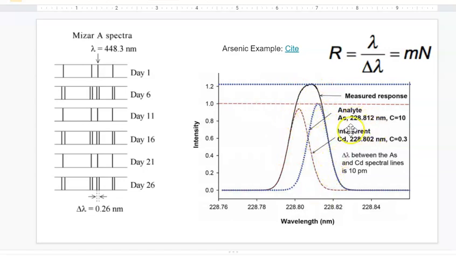Because look at these numbers: 228 nanometers, 0.812, 228 nanometers, 0.809. They're almost the same wavelength. So it's very hard to have resolvance on these two lines. If we looked at them, we'd just see one line there in the ultraviolet. This is in the ultraviolet, 228. In any case, that would be one example of two lines that you can't tell apart.